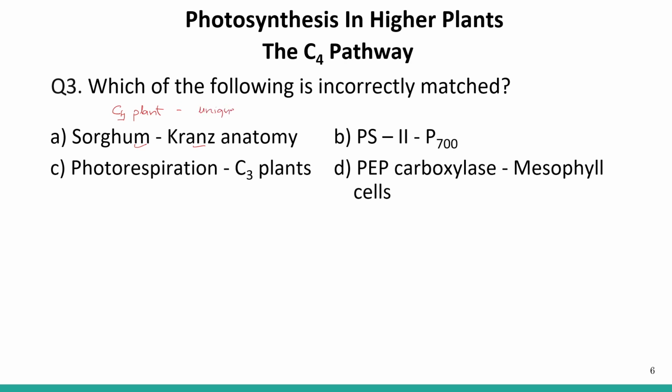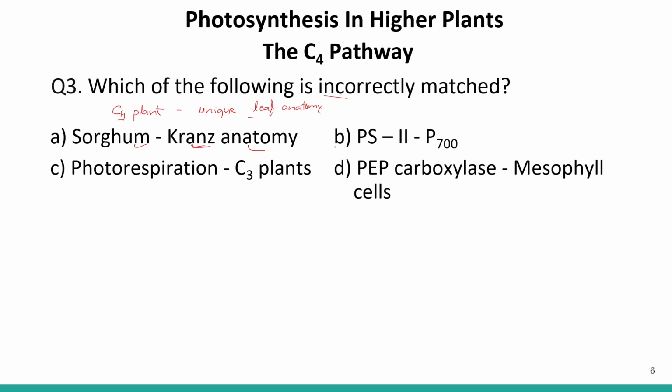They are adapted to tropical or arid conditions, and this unique leaf anatomy is known as Kranz anatomy. So this option is correct, but we have to select the incorrect option.